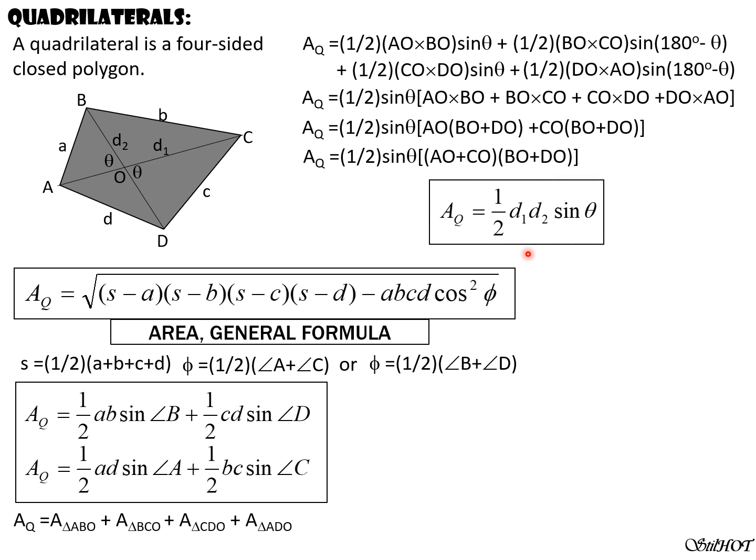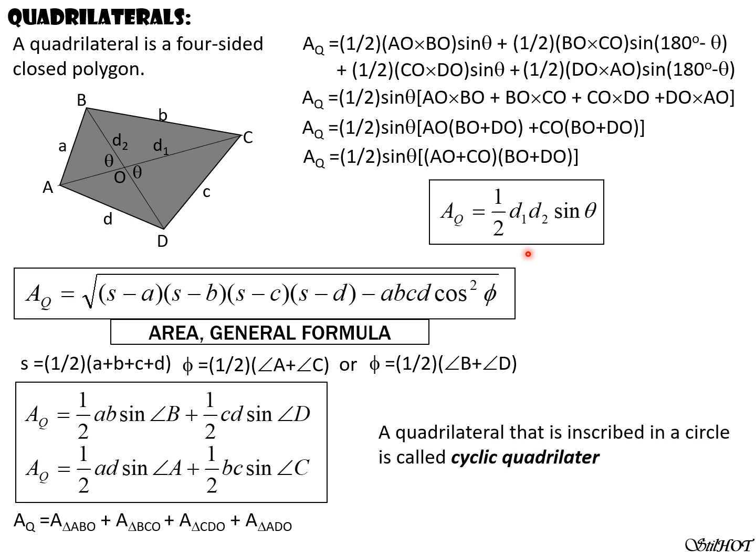Then a quadrilateral that is inscribed in a circle is called a cyclic quadrilateral. That's very rare, but if you can find that, it is called a cyclic quadrilateral. Like a square can be inscribed in a circle. A rectangle can also be inscribed in a circle. So those are cyclic quadrilaterals.